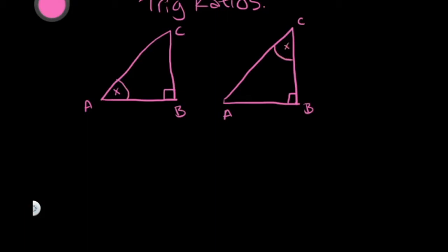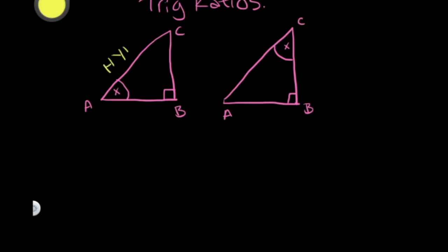Now, depending on the angle that we're looking at, let's put an X here, in this triangle and this one. Remember from the Pythagorean theorem that the side that is across from the 90-degree angle, in this case B is where the 90 degrees are, is always the hypotenuse.